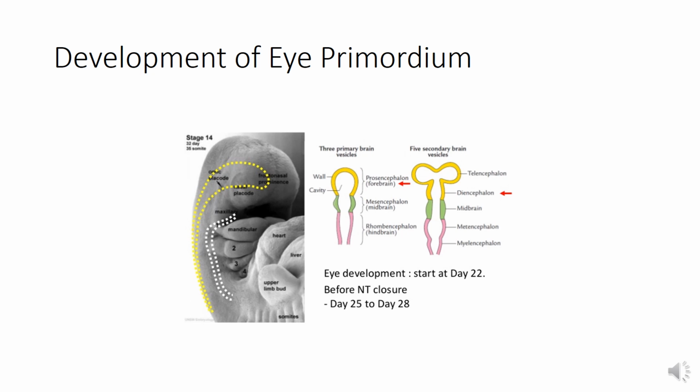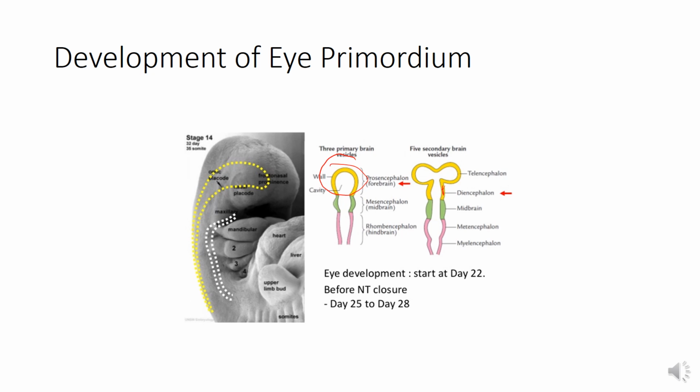So this is the developing forebrain, and in this region the optic sulcus is located on each lateral side of it. After the closure of the anterior neuropore, the optic sulci evaginate and form outpocketings of the forebrain, which are called optic vesicles.